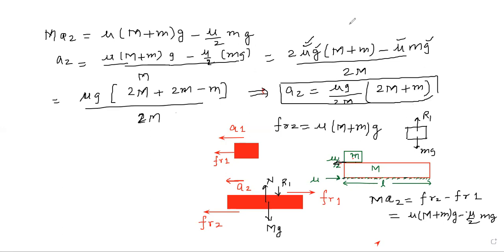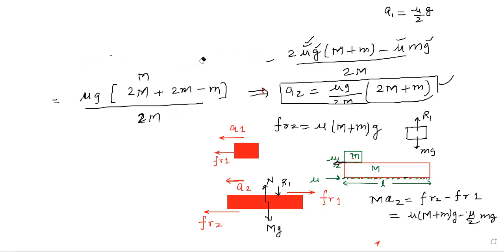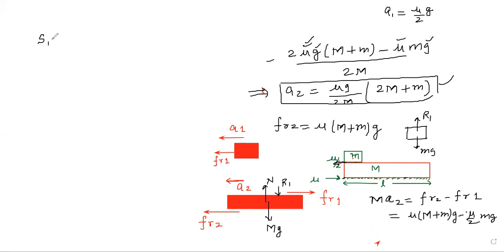Now we have a1 equal to mu by 2 g and A2 equal to this much. So now we can apply the equation of motion for the two blocks. S1 is the distance covered by the first block, equal to ut, where u is v, so v t plus half a1 t square, and S2 equals v t plus half a2 t square.